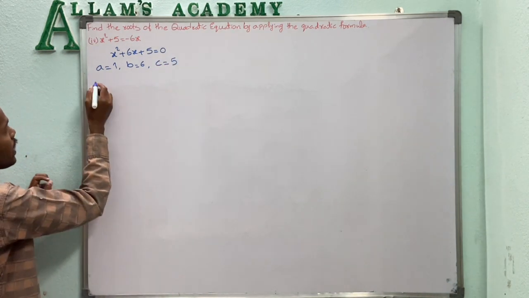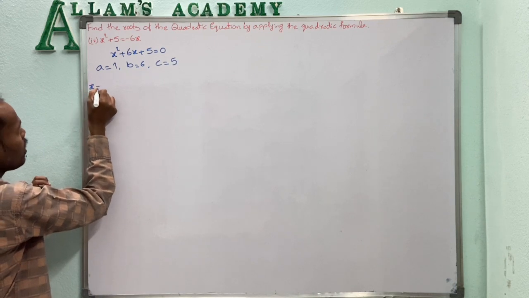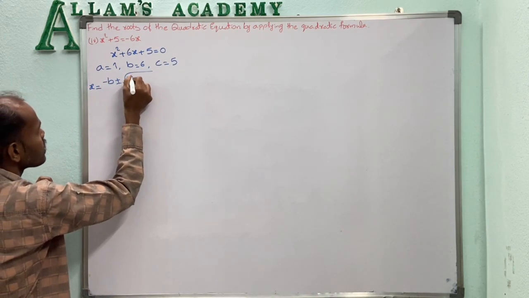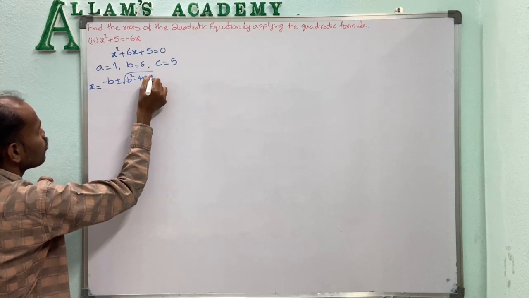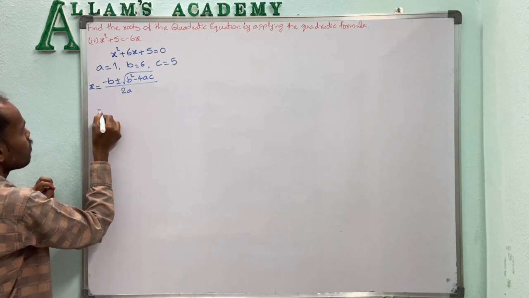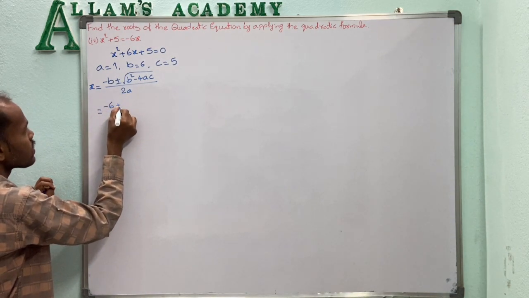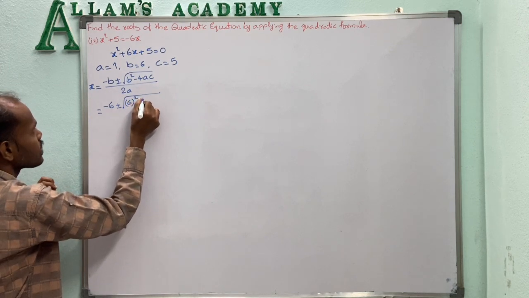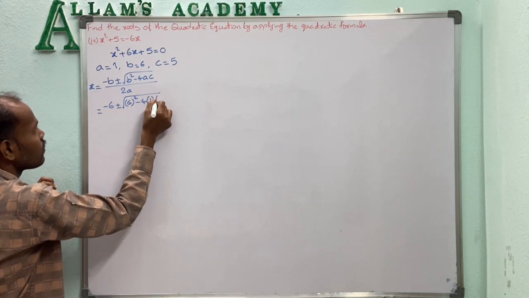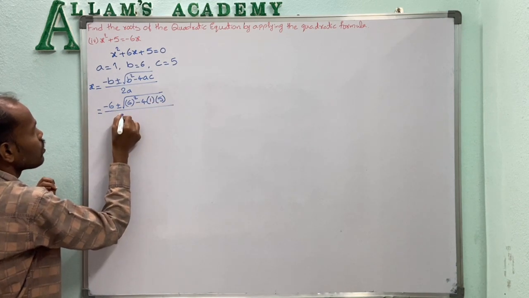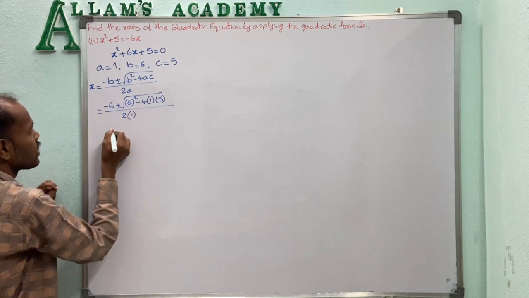Now if we apply the quadratic formula, x equal to minus b plus or minus under root b square minus 4ac by 2a. So that equals minus b, so minus 6 plus or minus under root b square, 6 square, minus 4ac, 4 into a equal to 1 and c equal to 5, by 2 into a, which is nothing but 1.